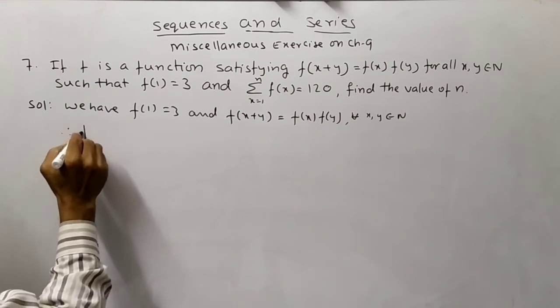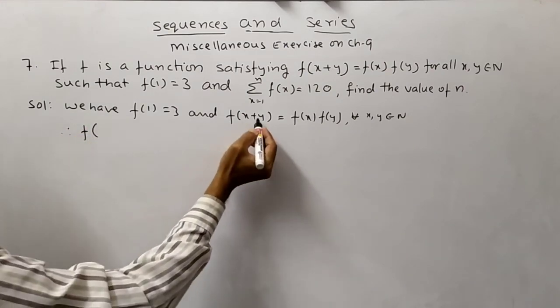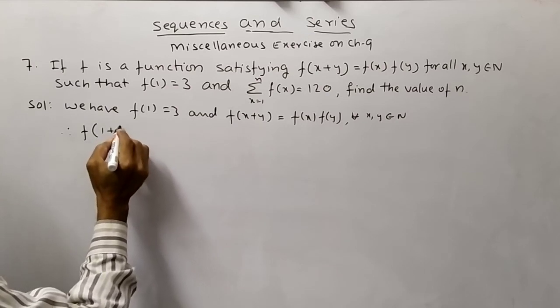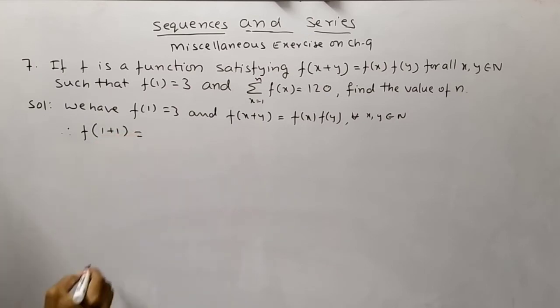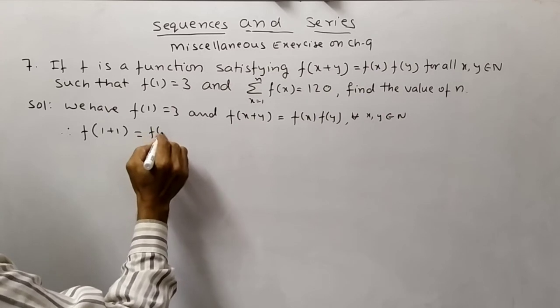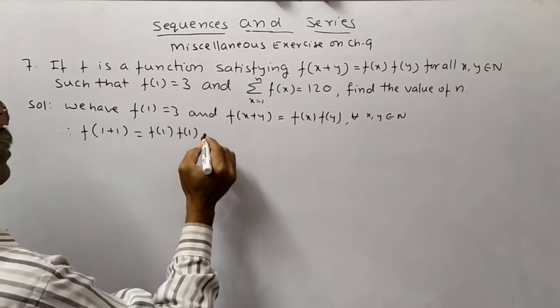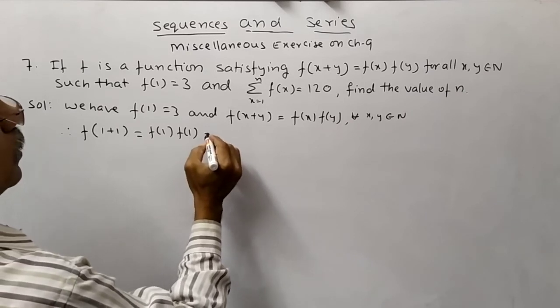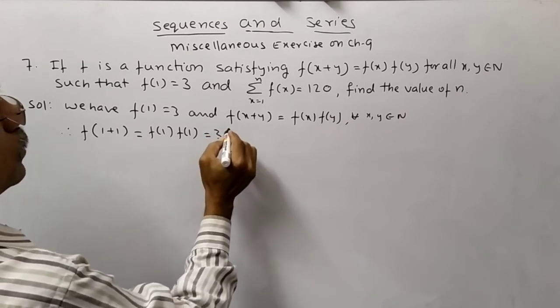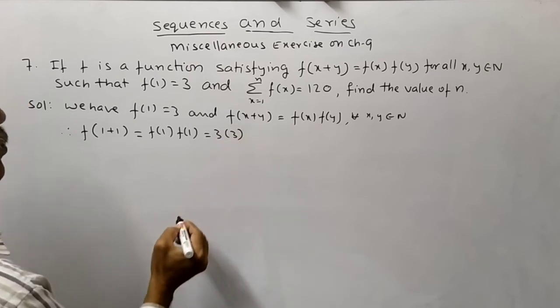Therefore, f of 1 plus 1 is equal to f of 1 into f of 1, which is equal to 3 into 3.